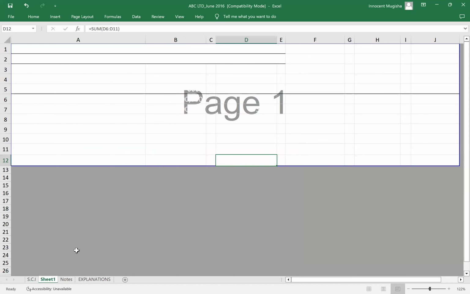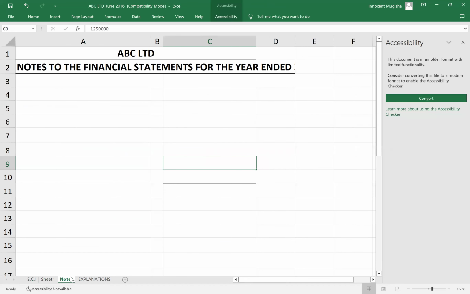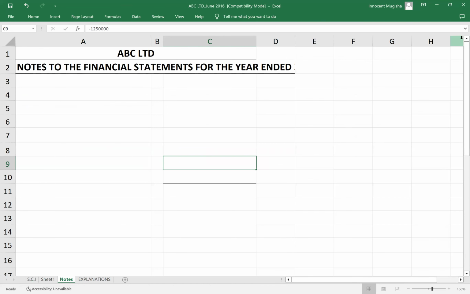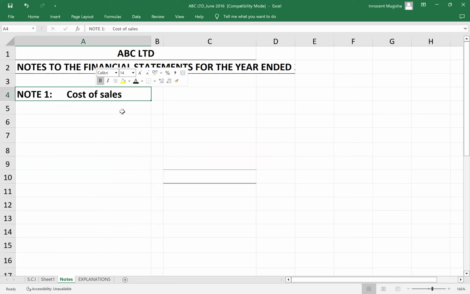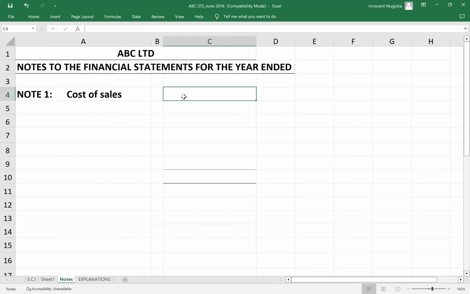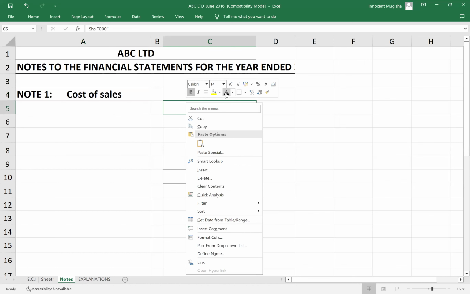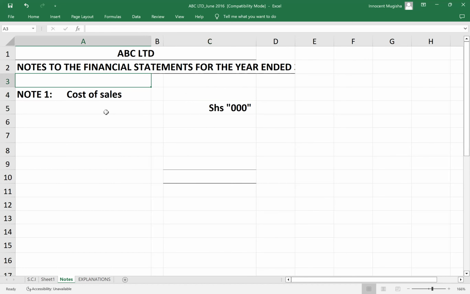So I come back here to my notes. I have another section of my workings, which I call the notes, and I have my note number 1 here. In note number 1, I begin with the cost of sales. So here we are saying what is our opening stock.